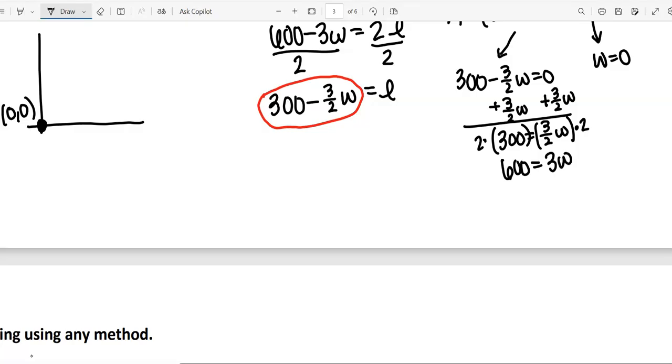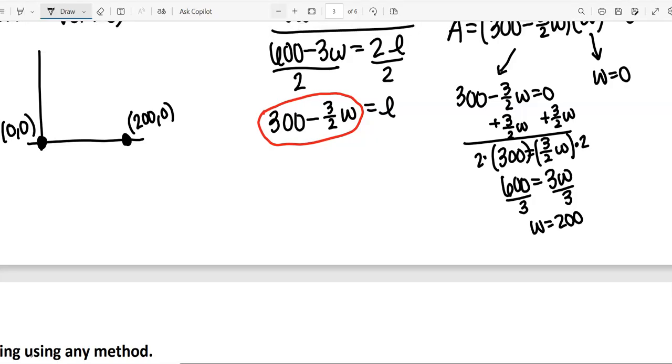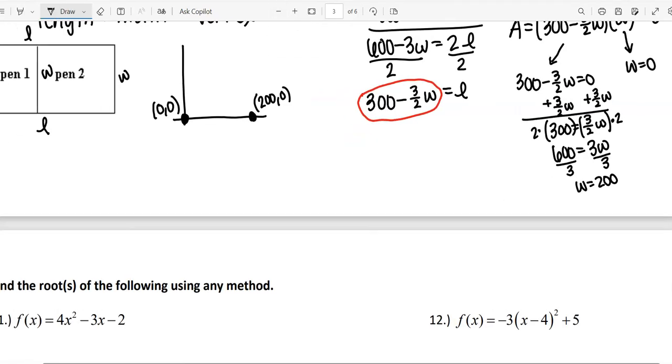Now what? Divide by 3. w equals 200. And that's my other x-intercept, right? So I have another x-intercept of 200, 0. Yes? Yes. And that is my width.